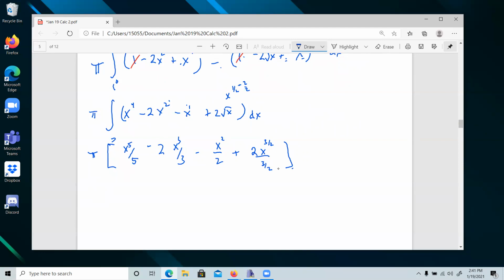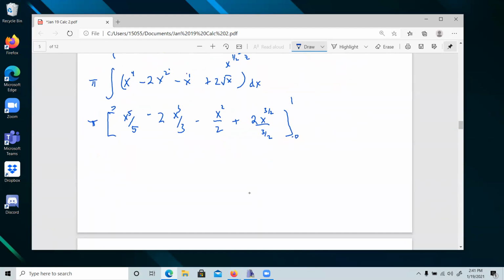Okay, what are we doing? We're going from 0 to 1. So this is pi. We have x to the 5th over 5 minus 2 x cubed over 3 minus x squared over 2 plus, and remember what happens here, we have a 2/3, so that cancels. So we have a plus 4/3 x to the 3 halves, 0 to 1.